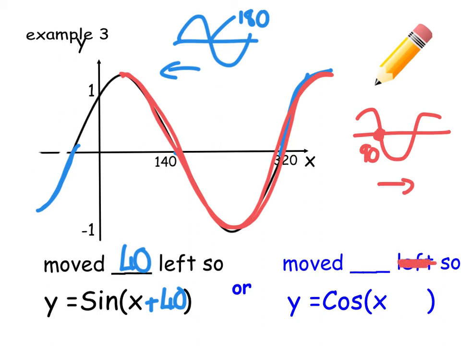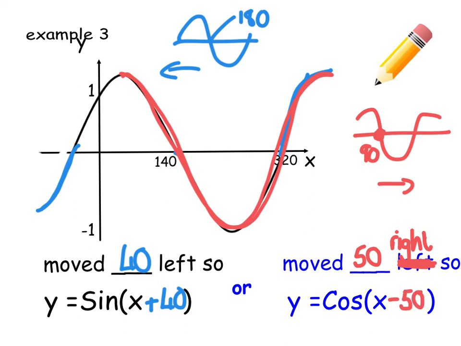So there's a mistake there on my slide as well. That should say right. That's a copy and paste error. So if it was a cos graph that moved right, that number should be 90, but they've got 140. That's a difference of 50. So it's gone 50 in the positive direction. So 50 positive becomes negative 50 in your equation.